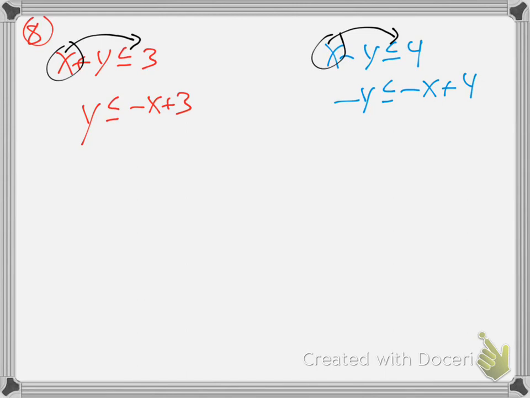Because we can't have that negative on the x. It's not alone yet. Y wants nothing on it. No negative, nothing. So when I do that, right then I've got to turn the symbol the other way. Whenever you divide by a negative, or multiply by a negative, you got to turn the symbol. Got to remember that. So what's that? That's just going to be positive x minus 4, isn't it?